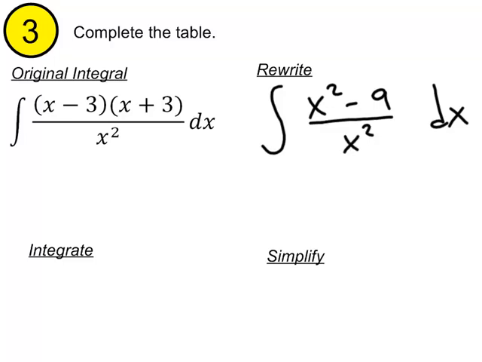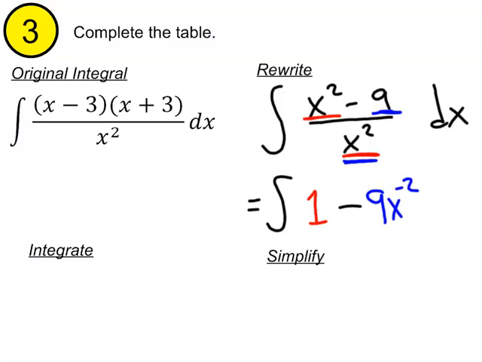And if I can further simplify that into a way that's going to be easy for us to deal with, we recognize that x squared over x squared will give us just 1 minus 9 over x squared. That's going to give us 9x to the negative 2. I could have written 9 over x squared, but remember, we're going to be anti-deriving next, and this form is going to make our job a little easier.